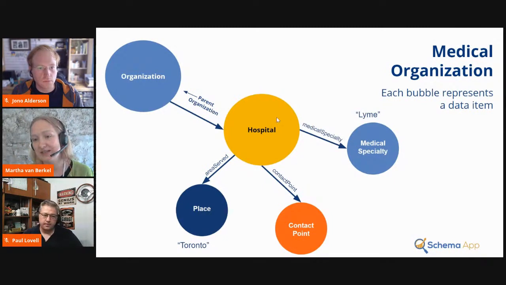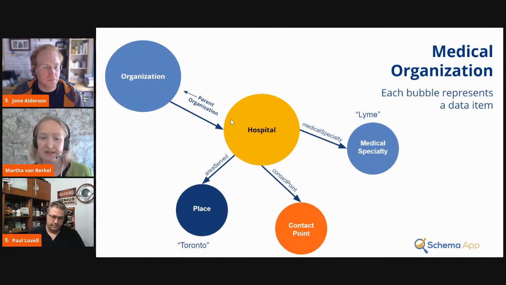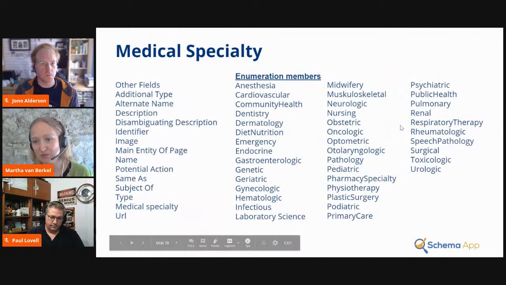And so here the hospital has maybe medical specialties that it treats, which could be defined as Lyme disease. It has contact points, and could define the area served. This could be a wiki definition here, and then I connect it all together. So here you can see we're already saying the hospital treats Lyme and it's located in Toronto, but I now need to figure out how a physician would be connected.